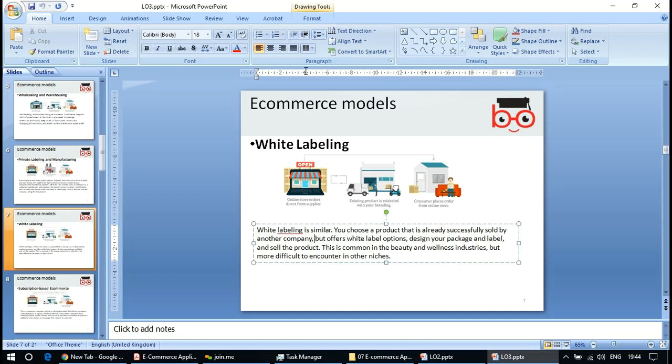White labeling means you are labeling an existing product with your name. Somebody told me the reality. He was working in a bread making factory.